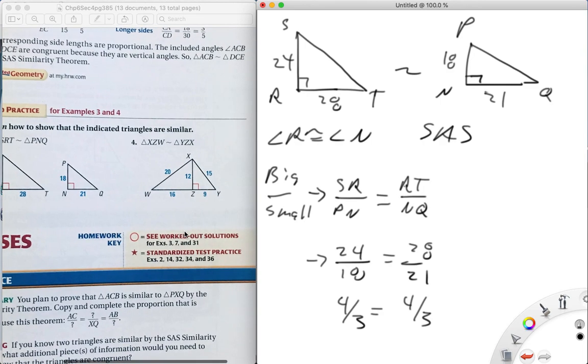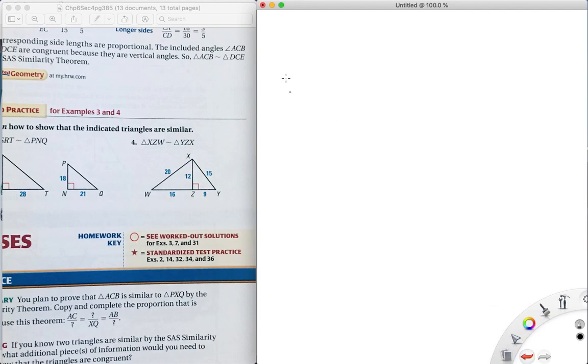Okay. Over here, we have two triangles. Let's do the same thing. This is 90 degrees. For this bigger triangle, this is my shorter side. This is my longer side. This is my medium side.